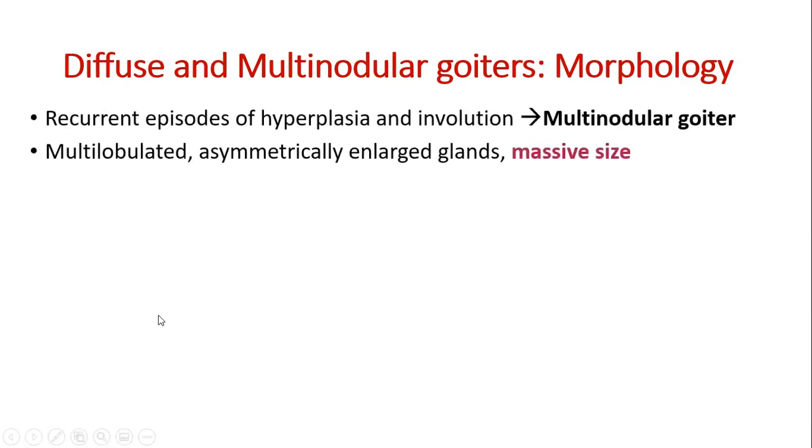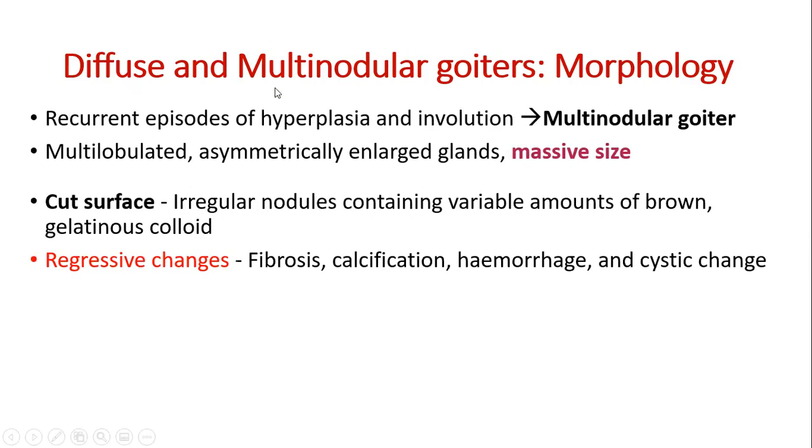So what happens is recurrent episodes of hyperplasia and involution. Hyperplasia and involution lead to multinodular goiter, and fibrosis is present there. There is multilobulated, asymmetric enlargement of the gland, of massive size. On the cut surface, there are irregular nodules containing variable amounts of gelatinous colloid.